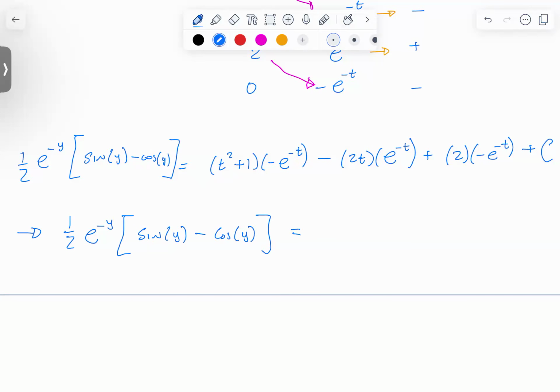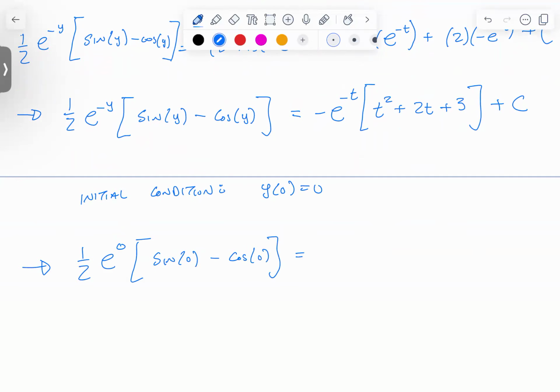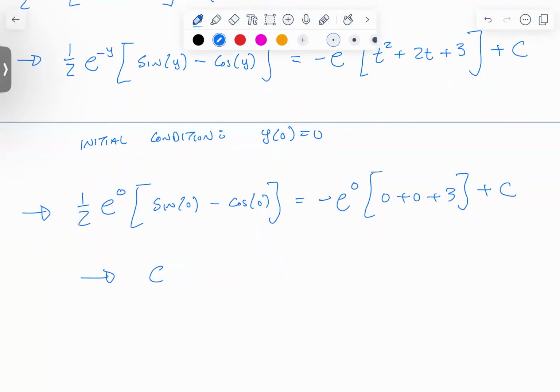And then on the right side, plug in our initial condition.